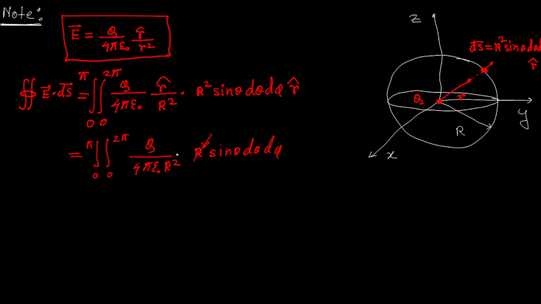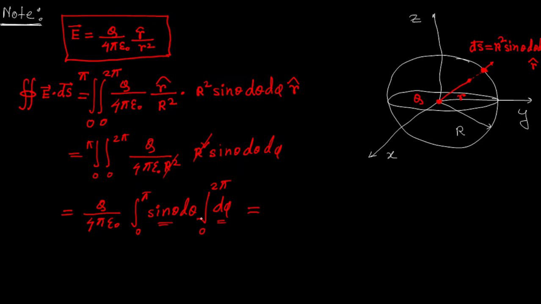Now this R square will cancel out. So what will we get? q divided by 4 pi epsilon naught, and then we'll integrate sine theta d theta from 0 to pi, and we'll integrate d phi from 0 to 2 pi. From the theta integration we'll get 2, and from the phi integration we'll get 2 pi. So finally we'll get 4 pi.